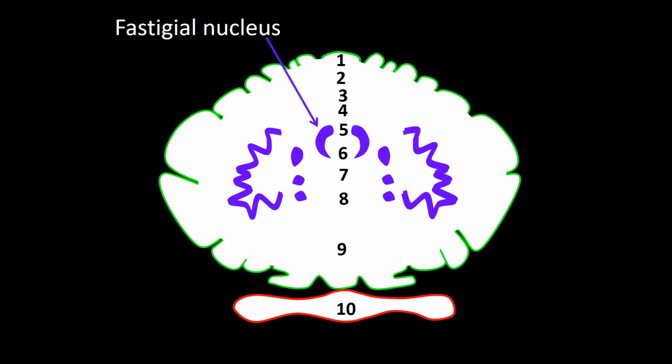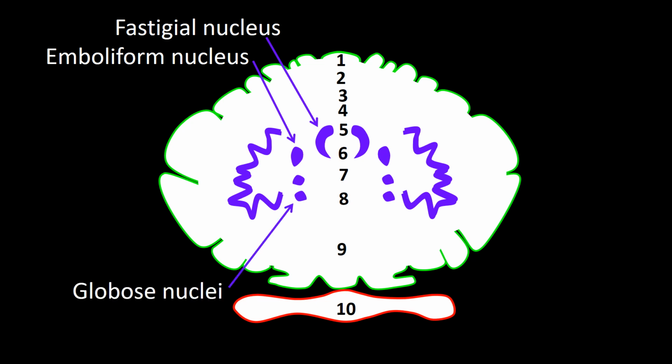A group of nuclei called interposed nuclei, made of the emboliform and the globose nuclei, mainly connected with the paravermis region. And the nucleus dentatus, primarily involved with the lateral aspect of the hemispheres.